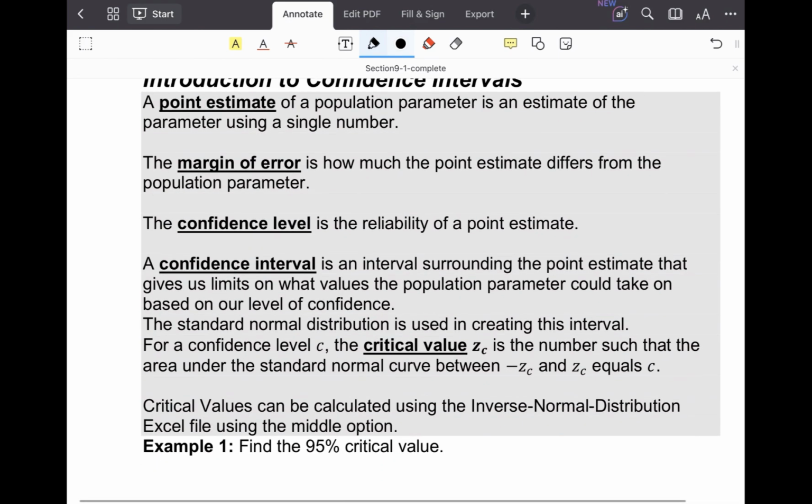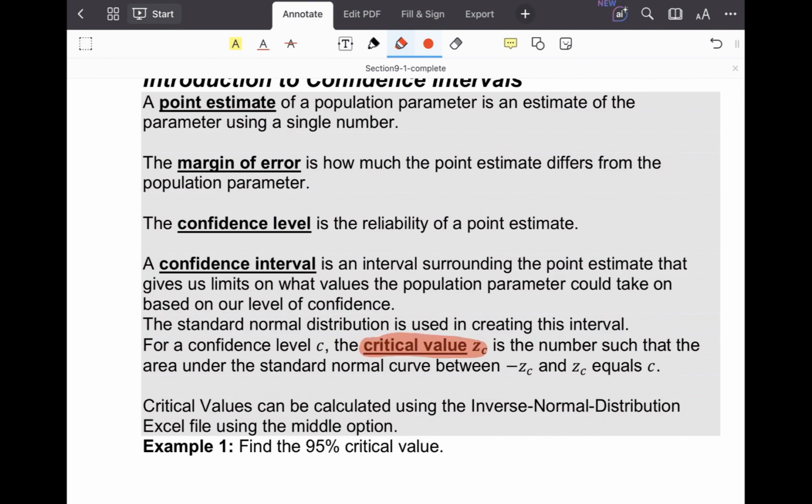Now, there's something else that's in here, kind of in the background for us, because we're going to use technology in order to get these confidence intervals. It's called the critical value. And I just want to go through a quick example of how to get the critical values. In this class, we're going to use technology for the confidence intervals, so you don't necessarily need to get this critical value.